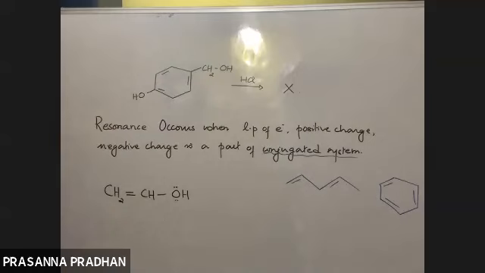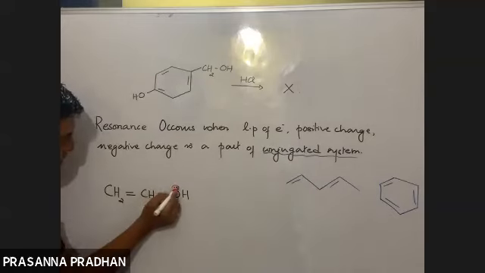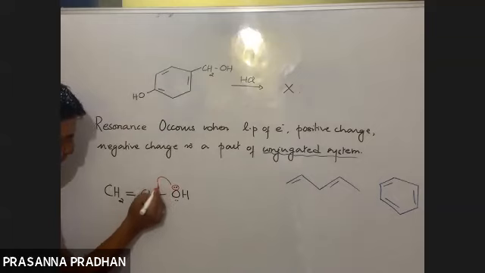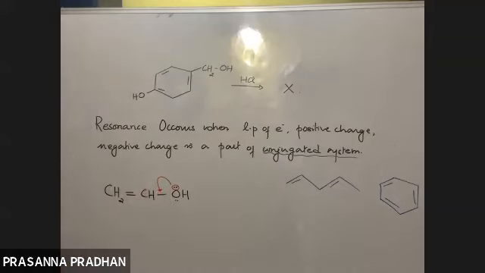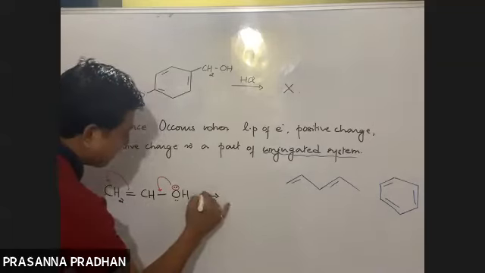And in class 11, we've clearly discussed that the lone pair always moves towards the pi electron. So this lone pair will come out here, and these pi electrons will move to this carbon. So what is the resonating structure now?